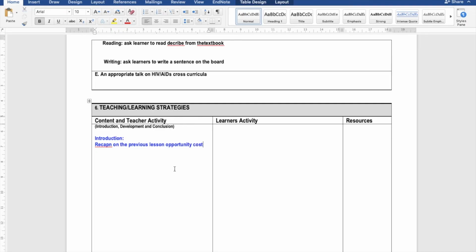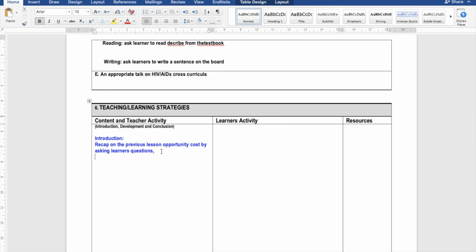You must make sure that you indicate what that topic was about. When you recap, how are you going to recap? Maybe by asking learners questions. So you're done with your recap. Recap can be different: you can ask questions, you can ask a quiz, you can ask learners to stand up and say no, if you did not give me an answer, you're not going to sit down. There are different ways of recapping.